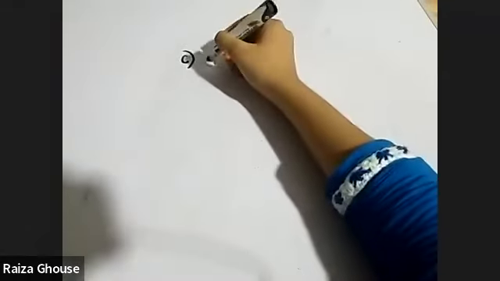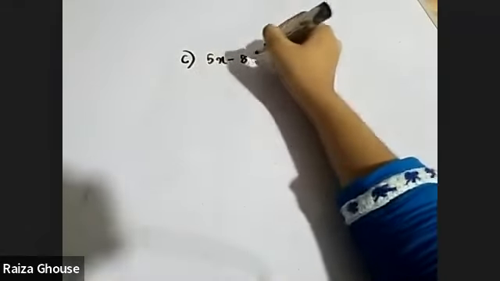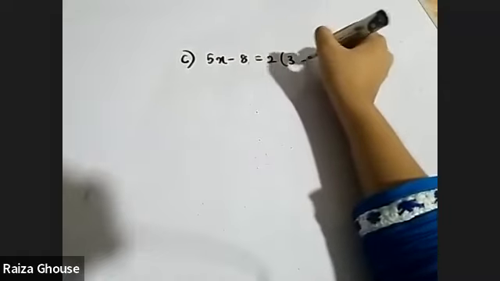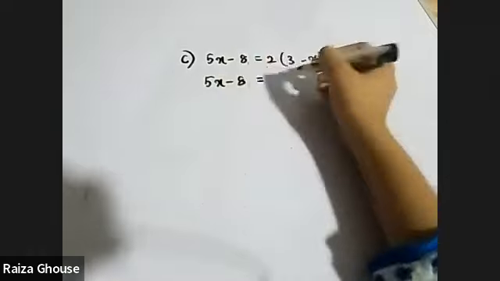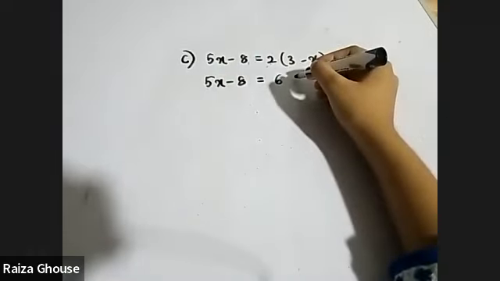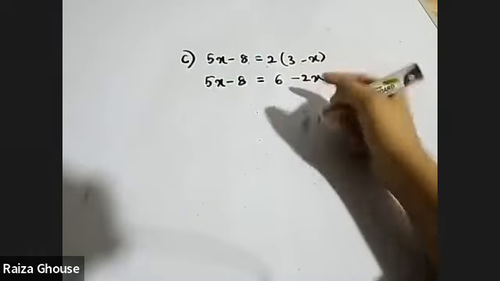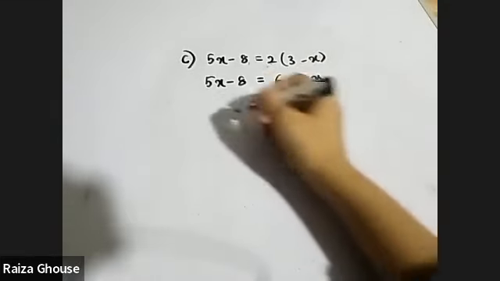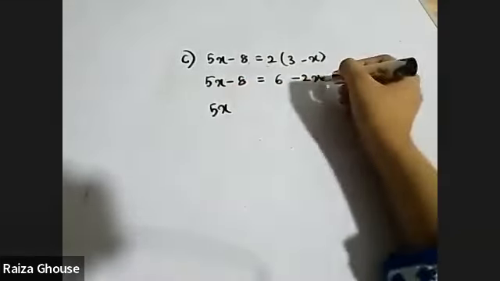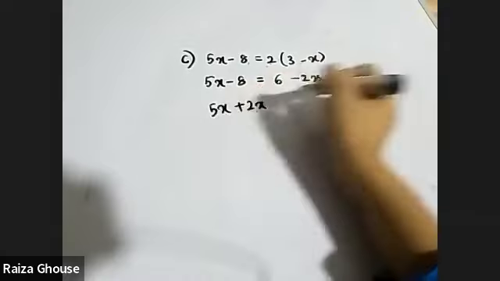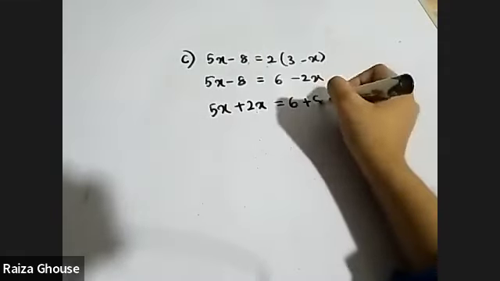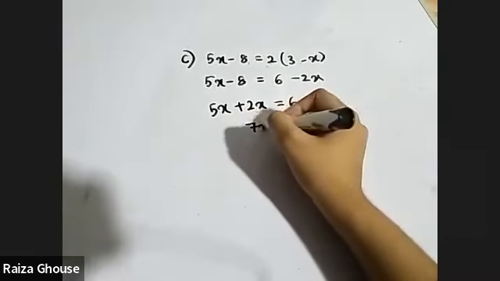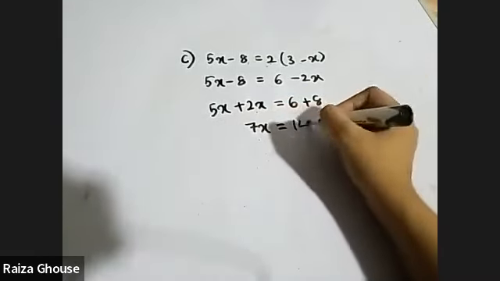Part C. It says 5x minus 8 equals 2 into 3 minus x. Now I'm solving the bracket first of all. 2 into 3 is 6, and 2 into minus x is minus 2x. Now you can see this is similar to part A. The bigger number is here, so carrying 2x to this side, plus 2x, and minus 8 comes to this side, plus 8. 5 plus 2 is 7x, 6 plus 8 is 14.